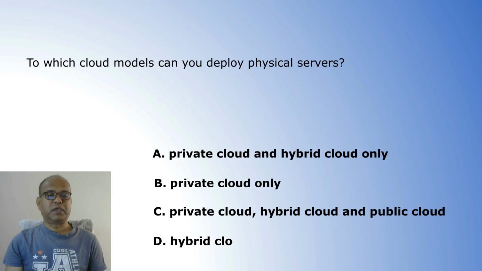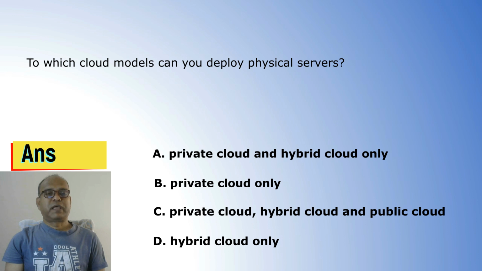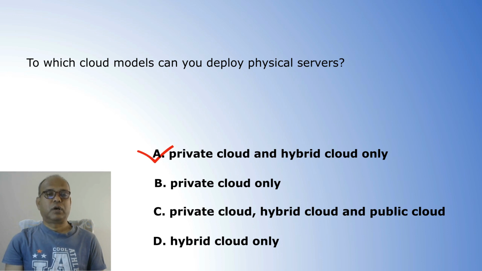Option D, hybrid cloud only. Answer. Both private and hybrid cloud models are used to deploy physical servers. We know that a hybrid cloud is a mix of on-premises and public cloud resources, and a private cloud is on-premises infrastructure. Therefore, the correct answer is option A.